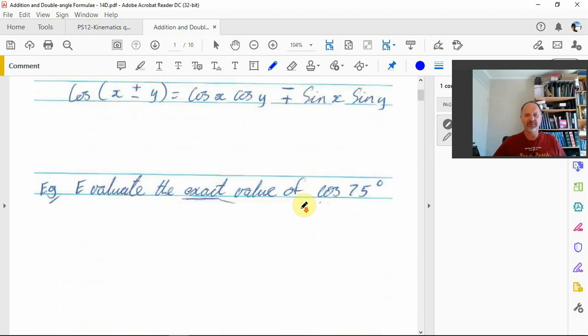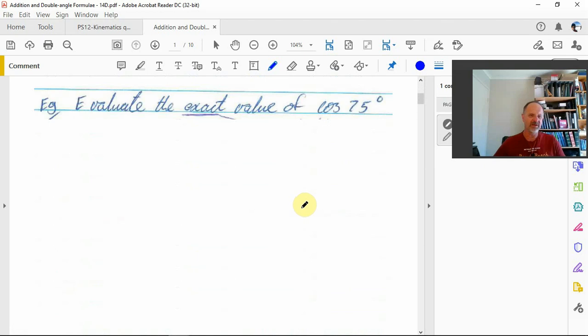All right, so we can do this with questions like the following. It says evaluate the exact value of cos 75. Now, cos 75 is not one of the angles that we know exact values of. 30 degrees, 45 degrees, 60 degrees, other than 0 and 90, they're the ones that we know.